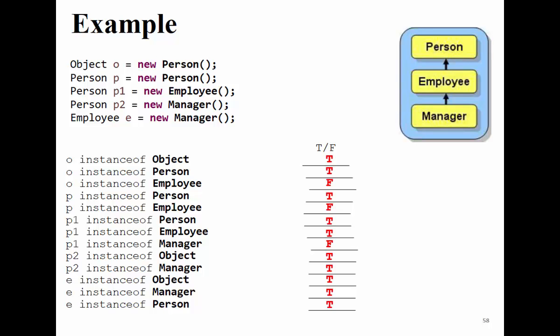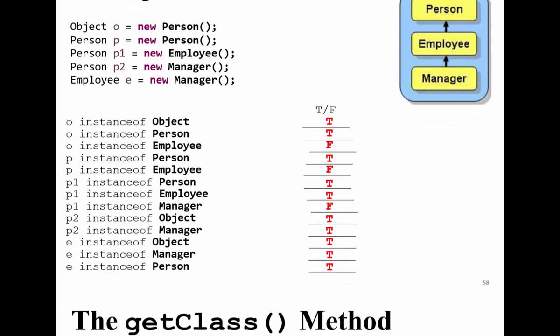So this is how instanceof works. It checks if this object is a type of, or actually any child type from, this superclass. So the superclass is Person. Is E a type from the superclass Person or any subclass from Person? Yes, because Manager is a subclass of Person.